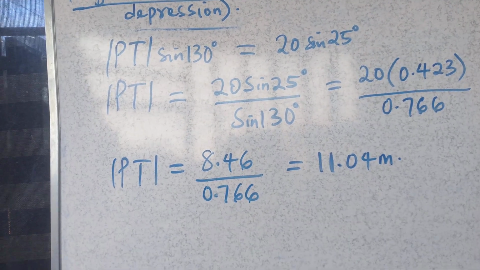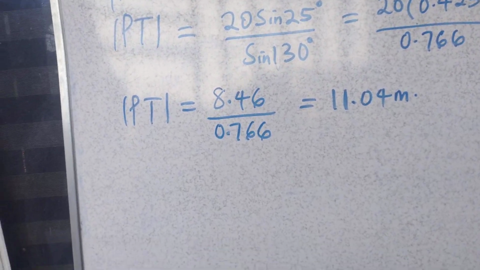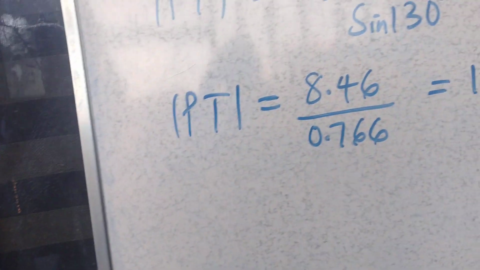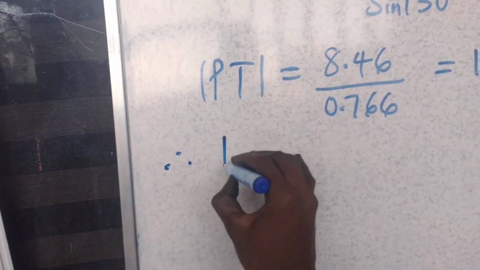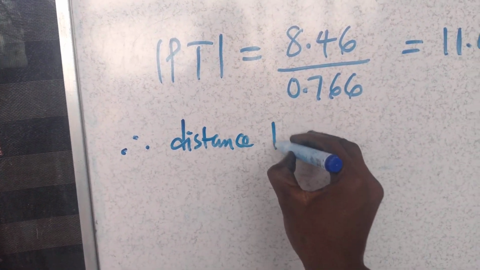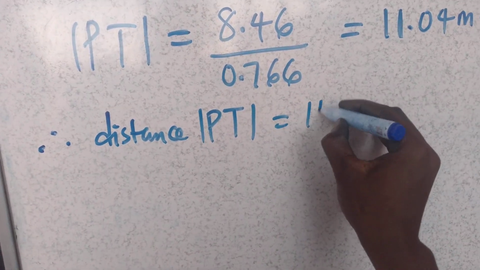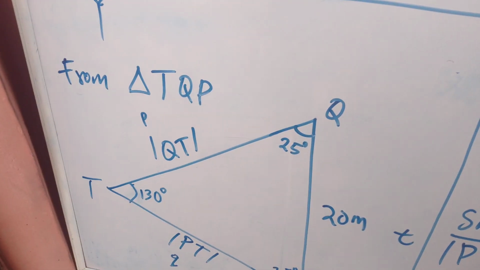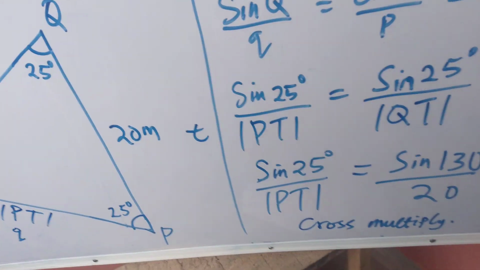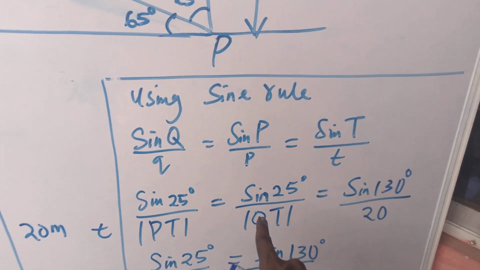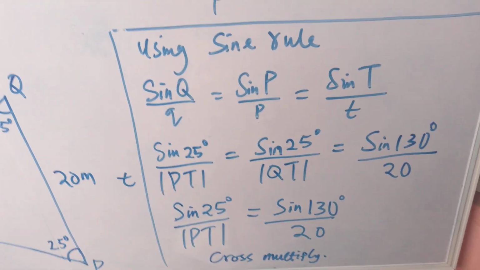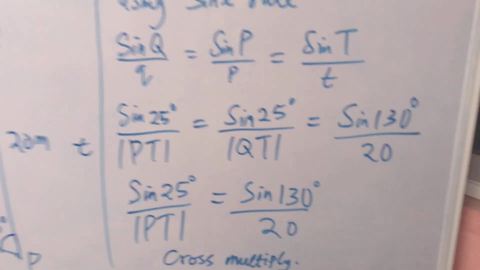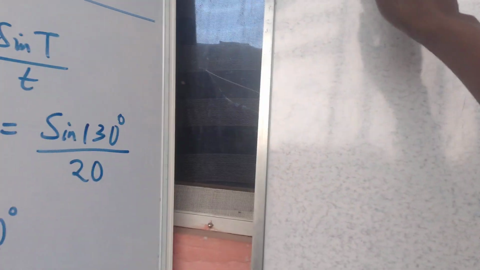Now the next thing I'll do is to find distance qt. So distance pt equals 11.04 meters. Now how do I find distance qt? I'll come back to this diagram and still use sine rule. Now I'll compare this to this, that is sine 25 over qt equals sine 130 over 20. So sine 25 degrees over qt is equal to sine 130 over 20.